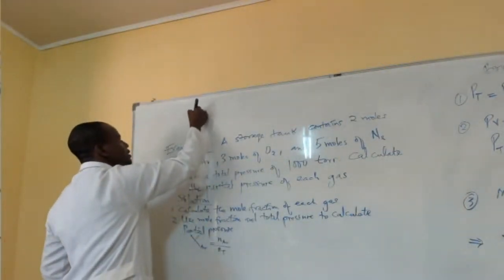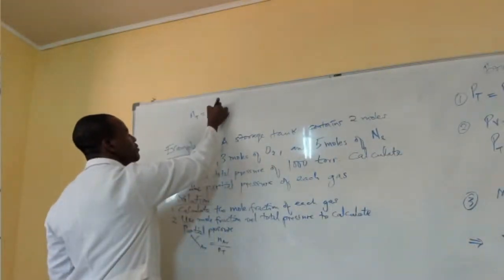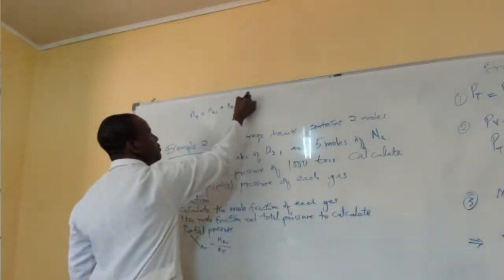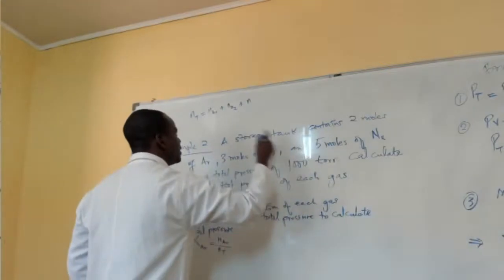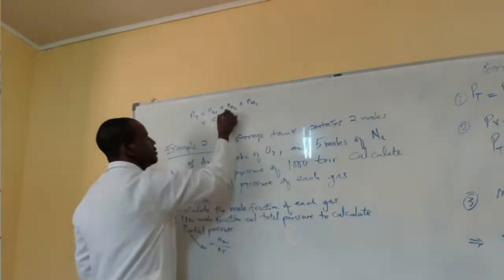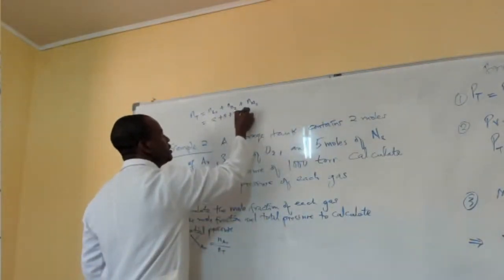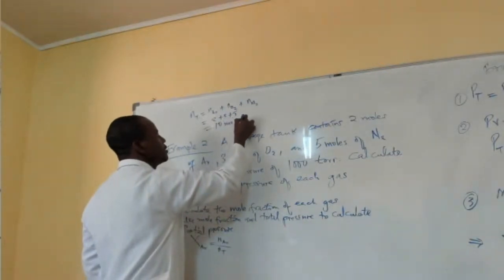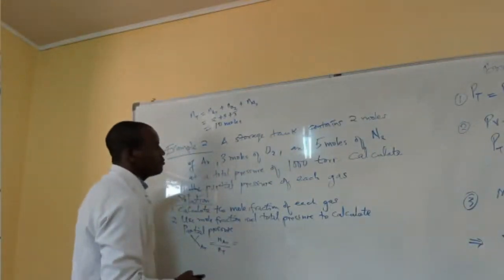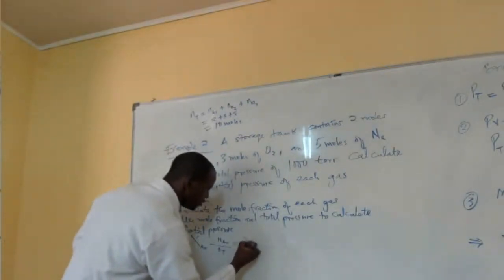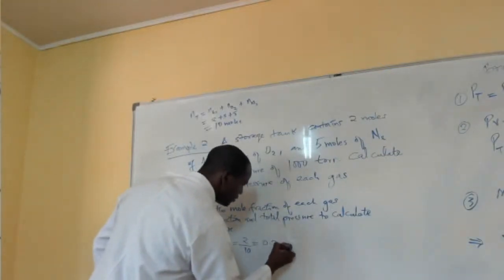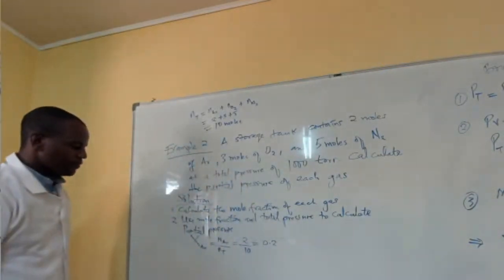NT in our case will be equal to the moles of argon plus moles of oxygen plus moles of nitrogen, which is N2. This will be 2 plus 3 plus 5, which is equal to 10 moles. So the mole fraction of argon is 2 over 10, which is equal to 0.2.